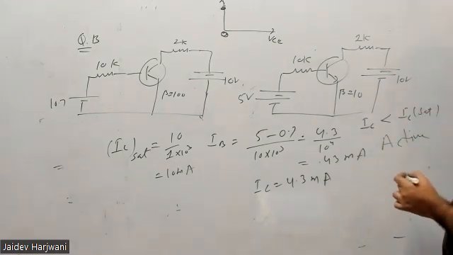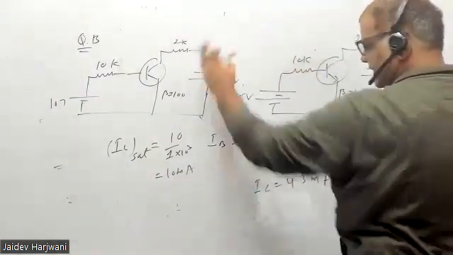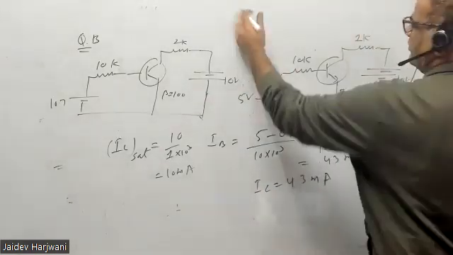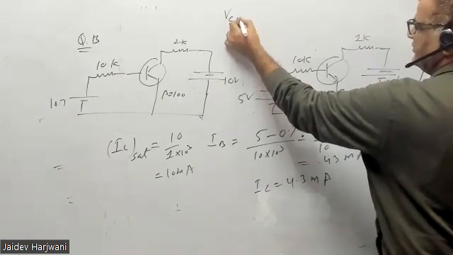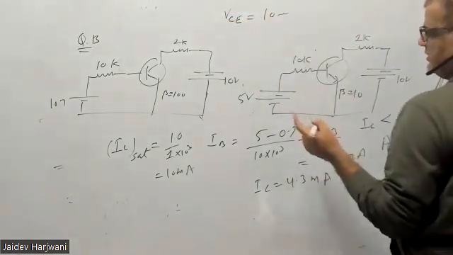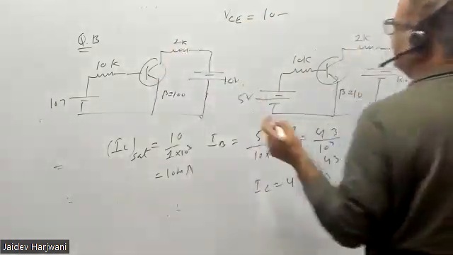And operating point क्या होगा बताओ? Operating point निकाल लो. Operating point निकालने के लिए IC आपको मिल ही गया. IC is your कितना? 4.3 milliampere. So operating point will be your VCE will be VCC 10 minus RE यहाँ पे है ही नहीं. जो यहाँ पे VC आएगा वही VCE है.